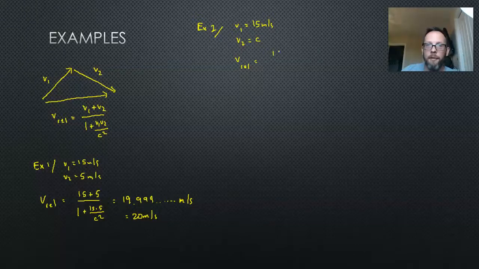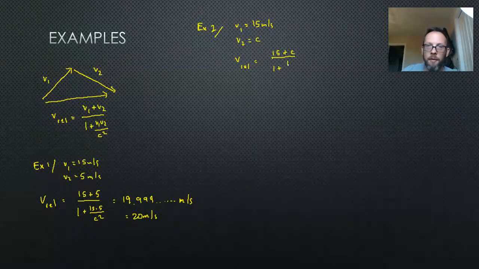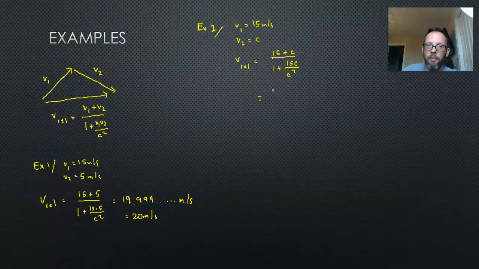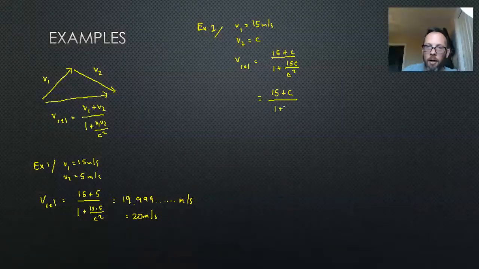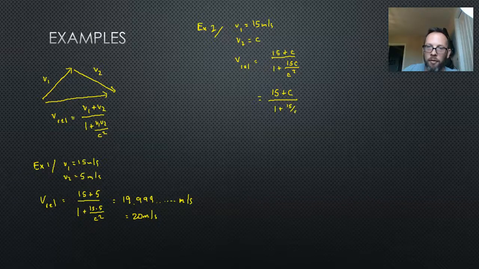So we have 15 plus c over 1 plus 15 times c over c squared. Guys, check this out. So we get 15 plus c. On the bottom, we have 1 plus 15c divided by c squared. That's 15 over c.